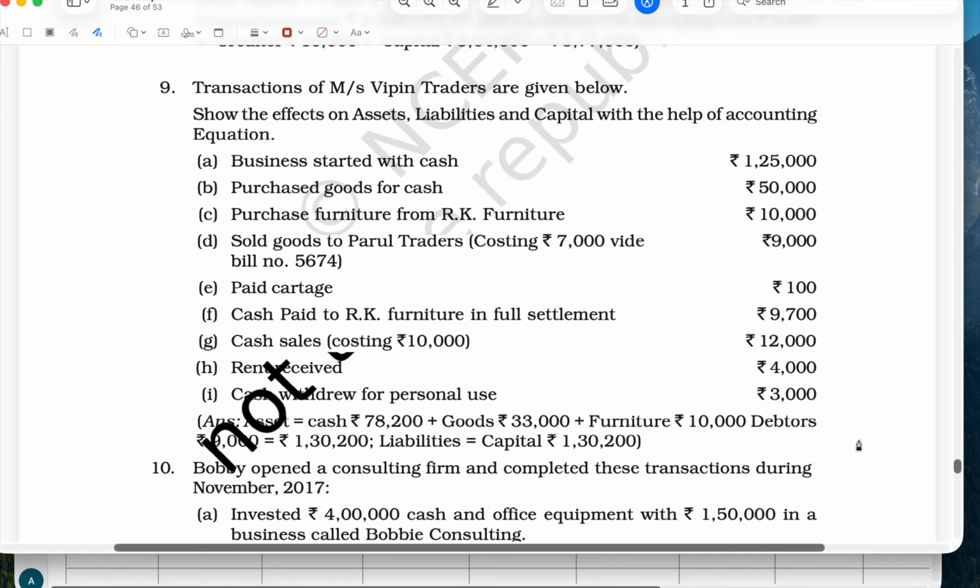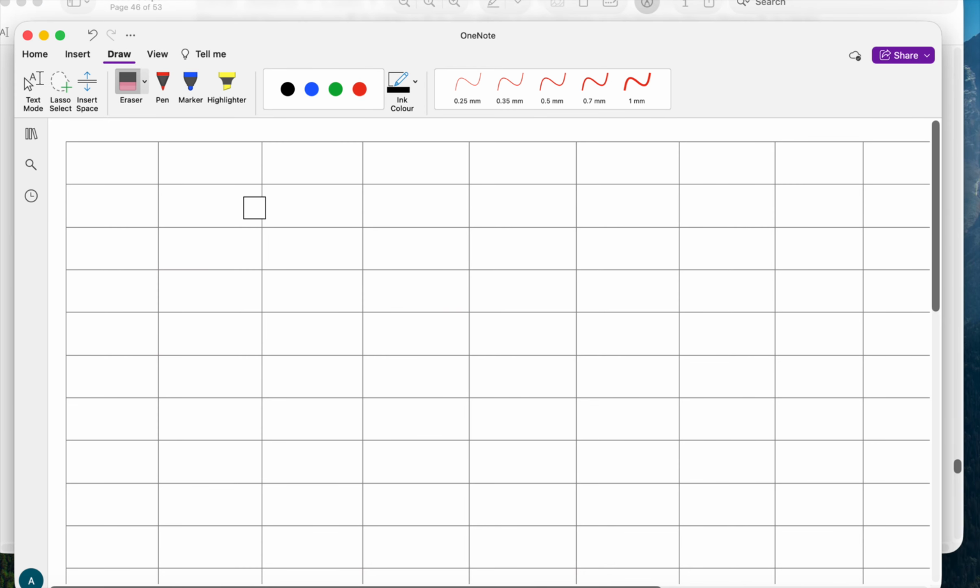Problem number 9. So transactions of Messrs. Vipin Traders are given below. Show the effects of assets, liabilities and capital with the help of accounting equation. Another similar problem. So business started with cash 1,25,000.